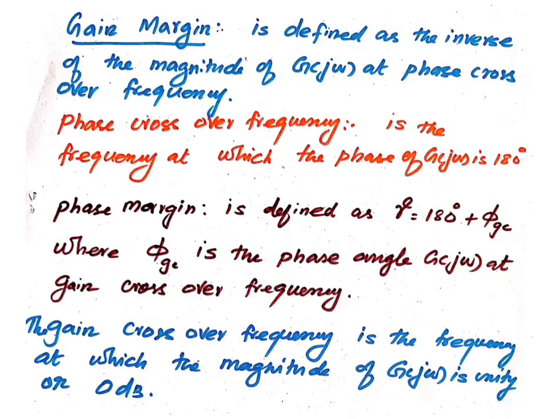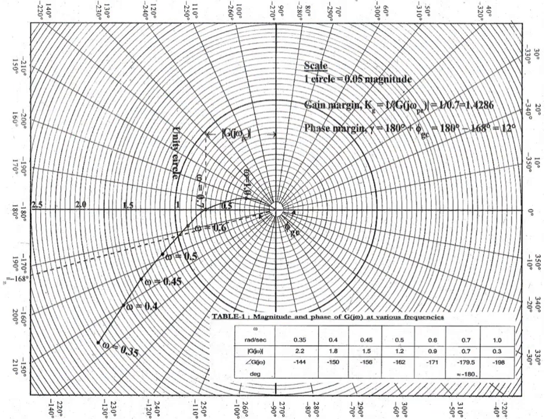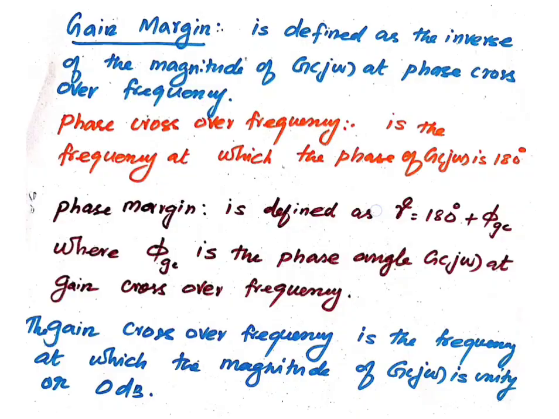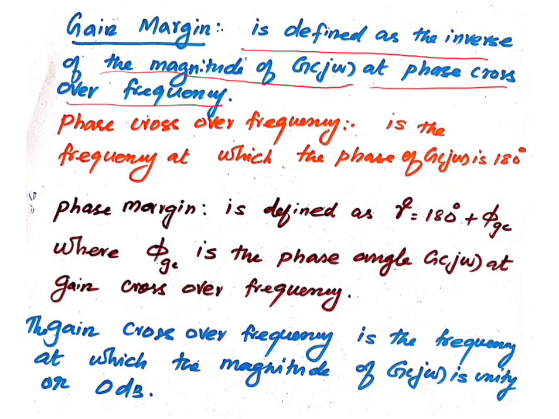These are the actual definitions of phase margin and gain margin, so I will just read them. Gain margin is defined as the inverse of the magnitude of G(j omega) at the phase crossover frequency, and the phase crossover frequency is the frequency at which the phase of G(j omega) is 180 degrees.